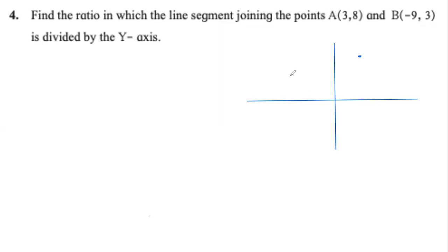That means it will be somewhere here. So somewhere here. This is A (3, 8), and this is B (-9, 3).